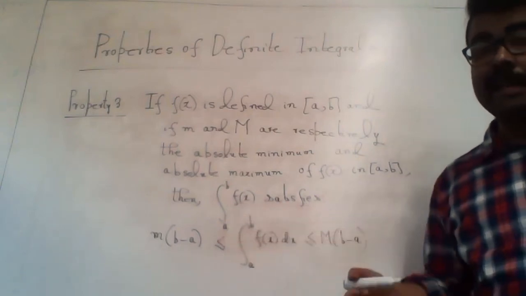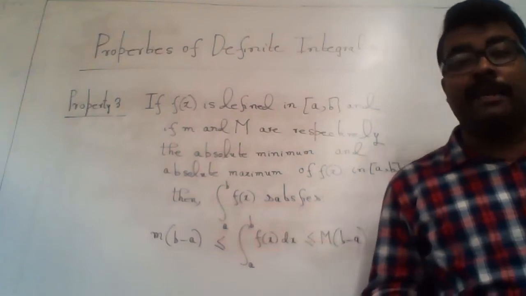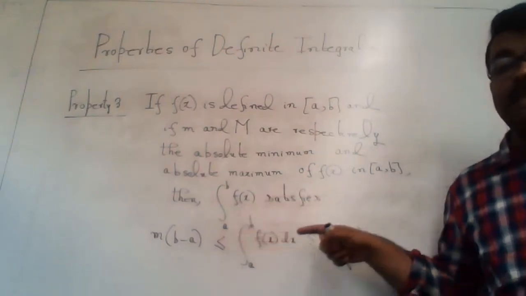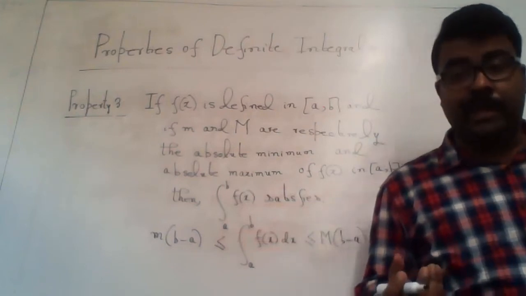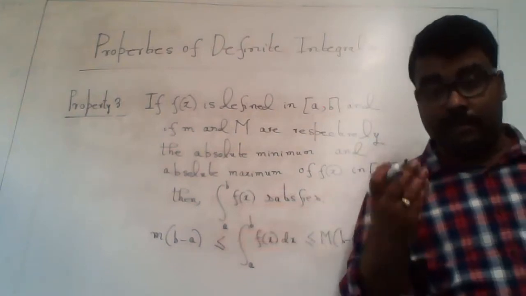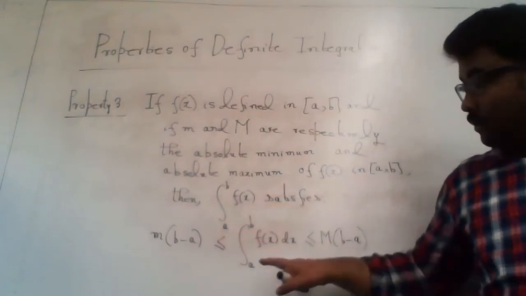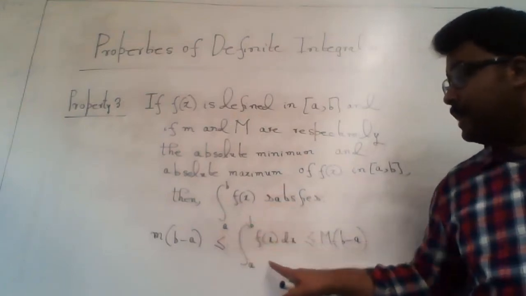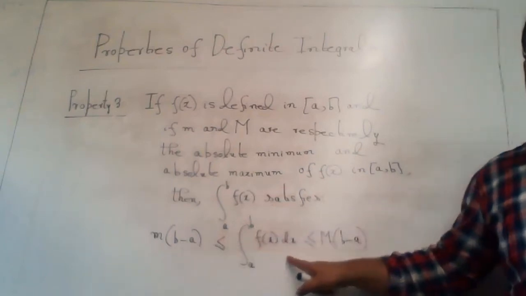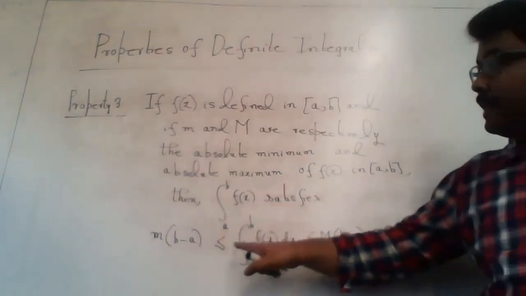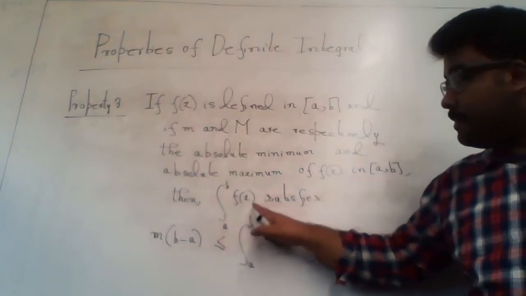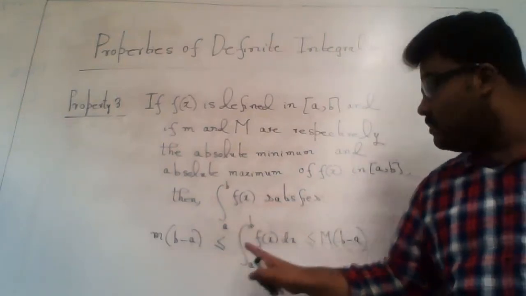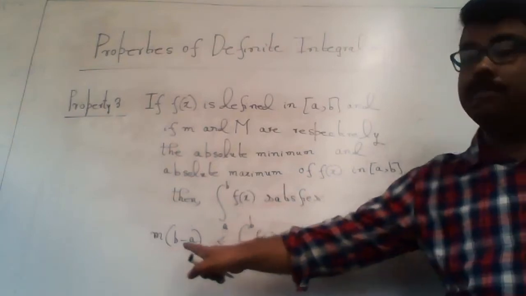In fact, there are functions which are not integrable, meaning we cannot obtain the value in a closed form. For such functions, this inequality plays an important role. It at least tells us that whatever this value may be, it will lie between these two bounds. So we have a rough estimate of the value of this integral.